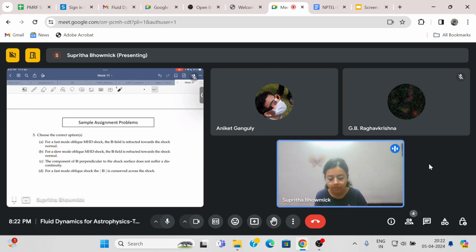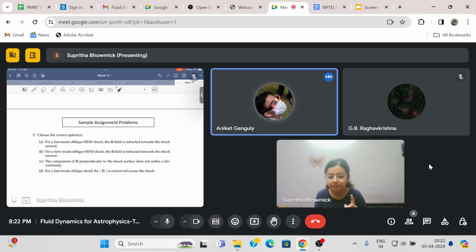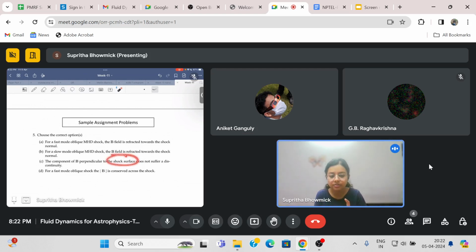The component of B which is perpendicular to the shock surface does not suffer a discontinuity. Now this is slightly tricky. We are not talking about the shock normal anymore. We're talking about the shock surface. So a component perpendicular to the shock surface will be parallel to the shock normal.